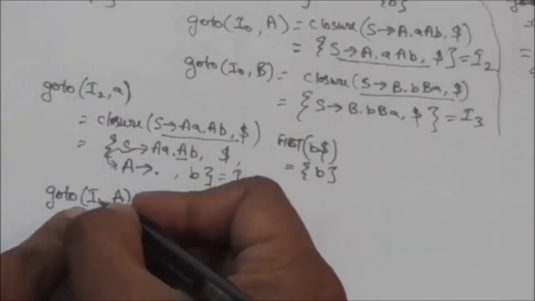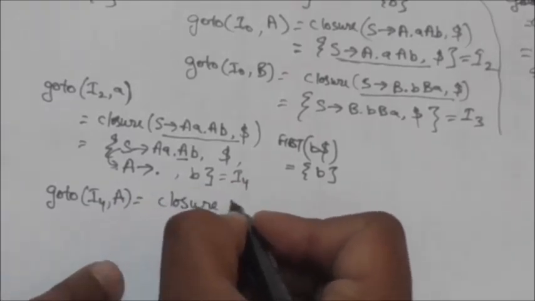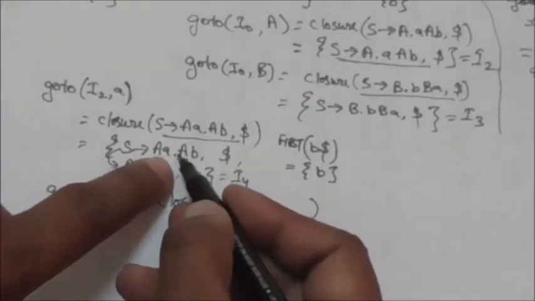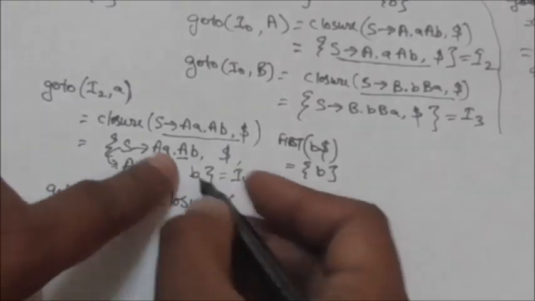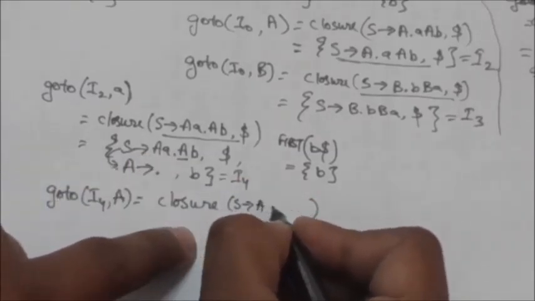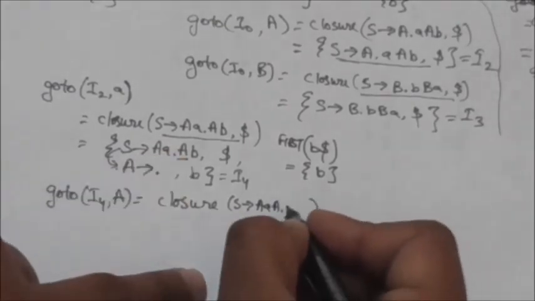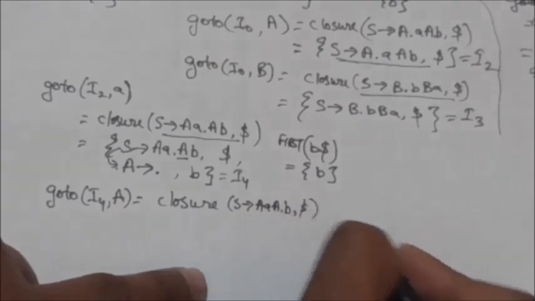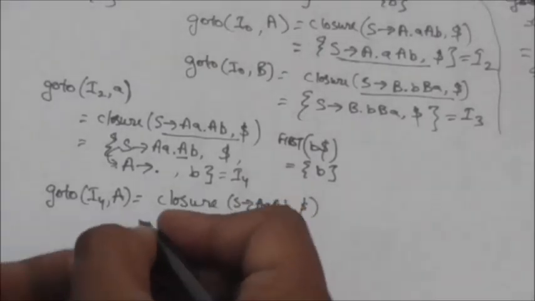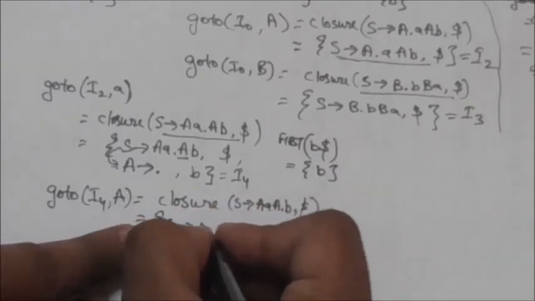So go to I4A will be equal to the closure of, now see this item in state I4, here dot is preceding this non-terminal symbol A. So what we will do, we will shift this dot to the right of non-terminal symbol A, right? Then we will get this item, right? So we need to find the closure of this item. So in the closure of this item, itself will be added, right?